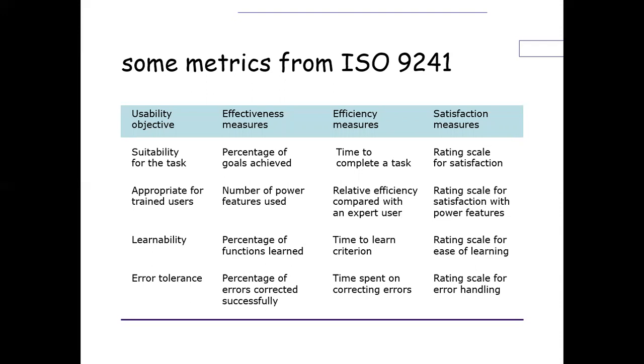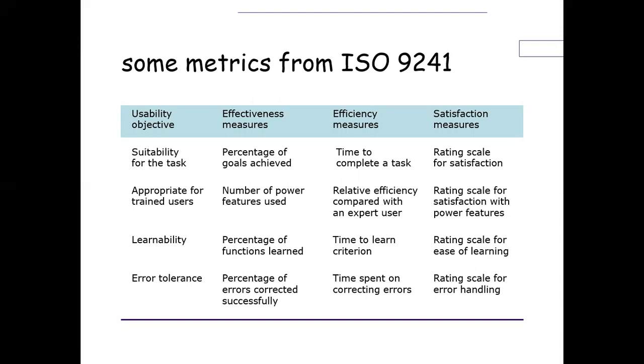If you talk about the usability objective as suitability for the task, its effectiveness measure is percentage of goals achieved, its efficiency measure is time to complete a task, and its satisfaction measure is a rating scale for satisfaction. Suppose the usability objective is appropriate for trained users.